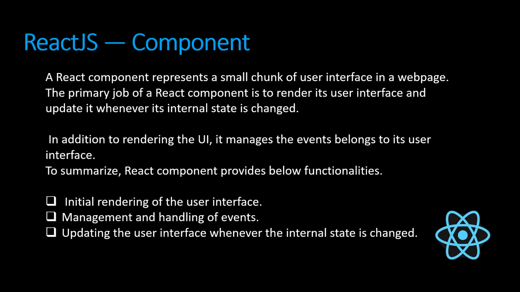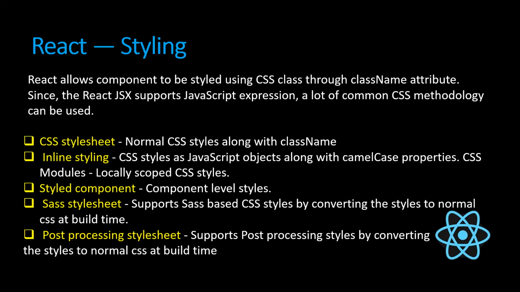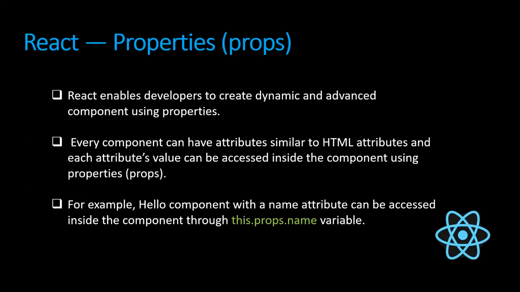A React.js component represents a small chunk of the user interface in a web page, with three functions: initial rendering of the user interface, managing and handling events, and updating the user interface. React styling has five types: CSS stylesheet, inline styling, styled components, Sass stylesheet, and post-processing stylesheet.